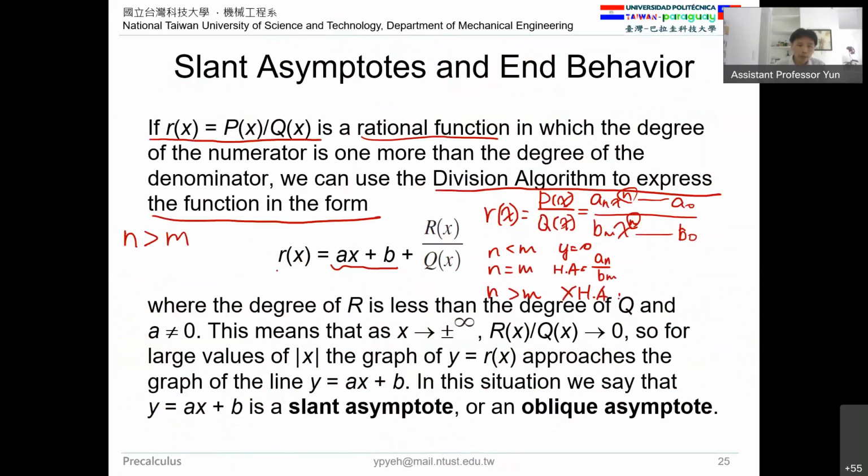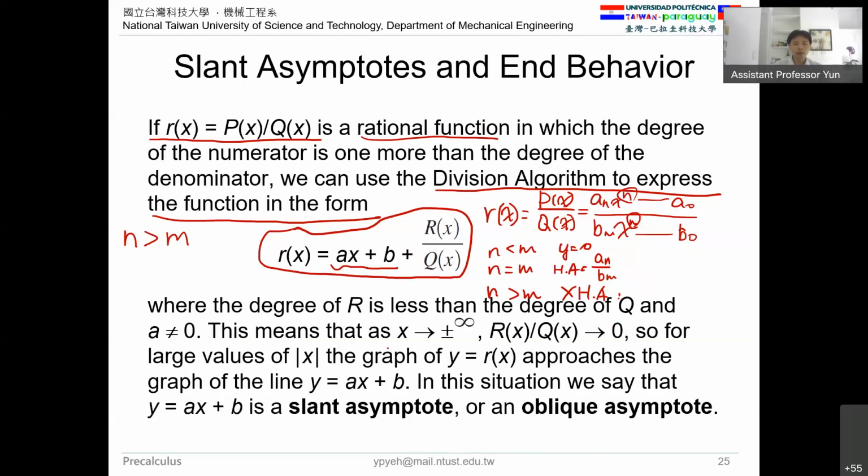So then, as we learn, the rational function could also be found in this form when the degree of the polynomial function in the numerator is larger than the degree of the denominator here. Okay, so since we have some knowledge of the rational function here, the degree of the R, after we do these divisions, which we call the remainder function, is less than the degree of the Q, and where the A is not equal to 0 as in the original definition.